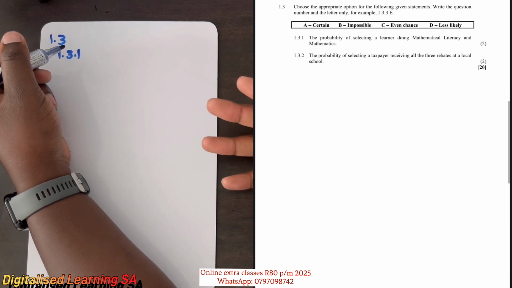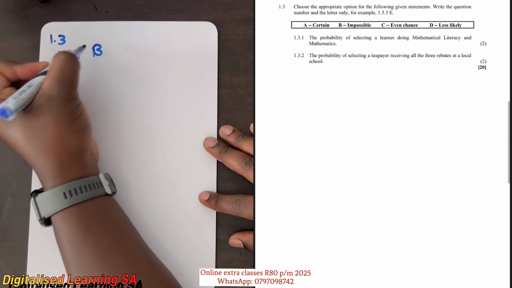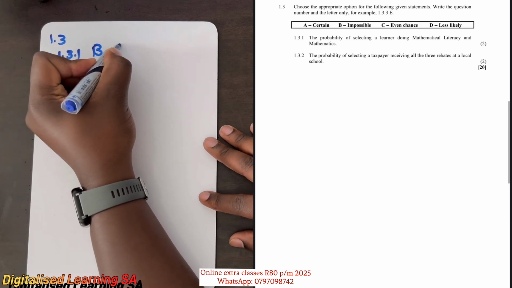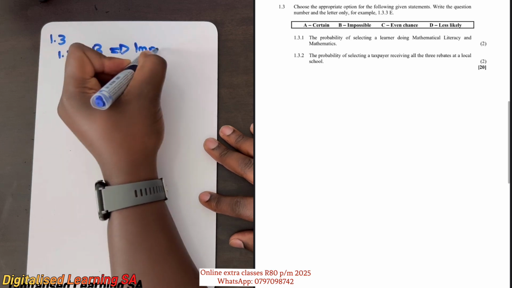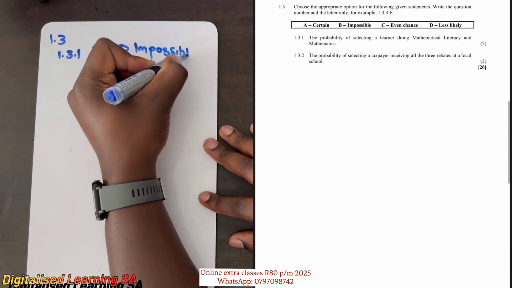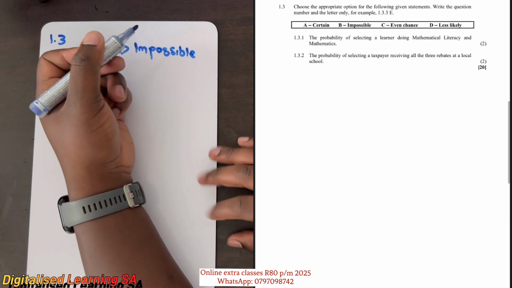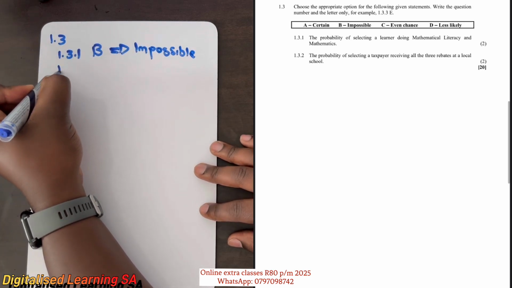So you can't do both, meaning that our answer is going to be B. And what does B mean? B means that it's impossible. It's impossible to do maths literacy and pure mathematics.